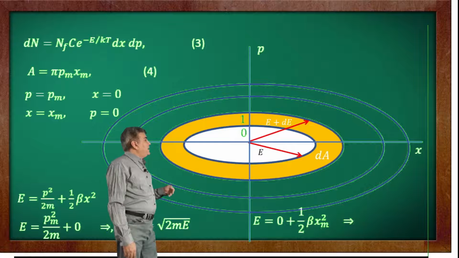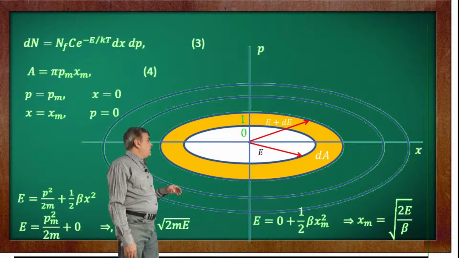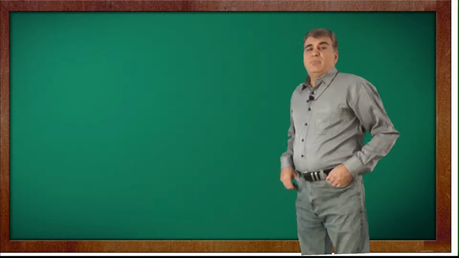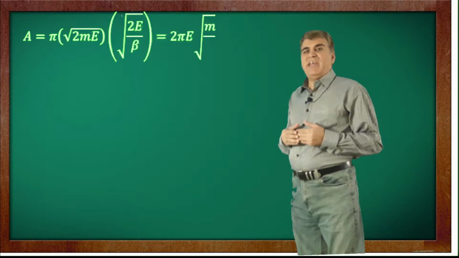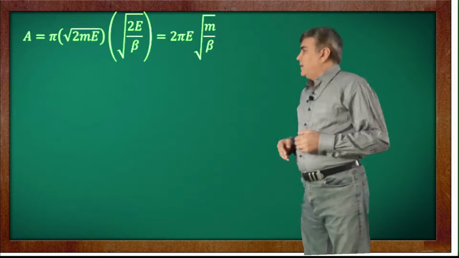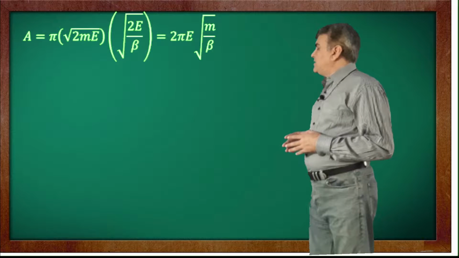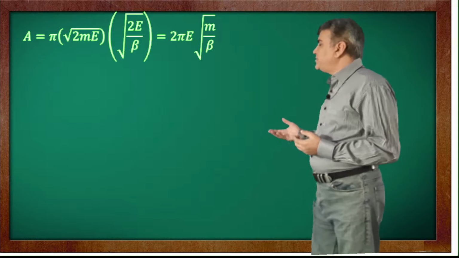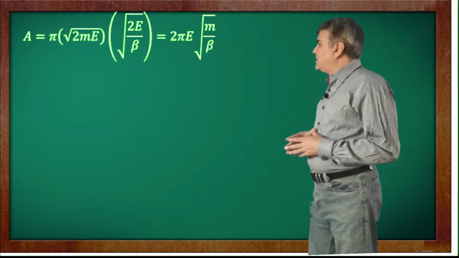Similarly, substituting p equal to 0, I can write E equals half beta x sub m squared, which leads to x sub m equals square root of 2E divided by beta. Putting these values back into equation 4, the area of the ellipse can be expressed as A equals pi times square root of 2mE times square root of 2E divided by beta, which can of course be arranged into 2 pi E square root of m divided by beta.